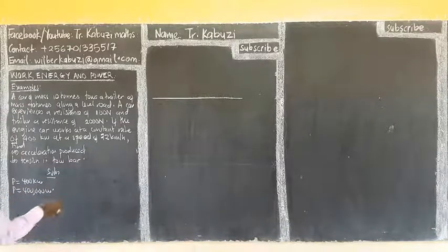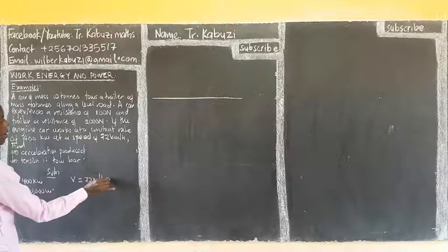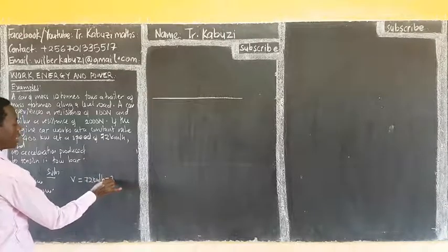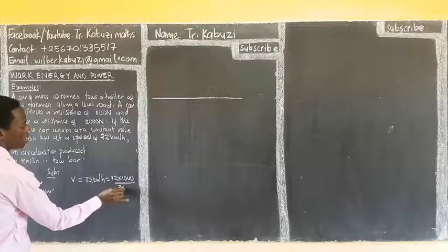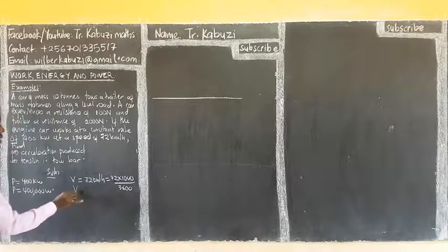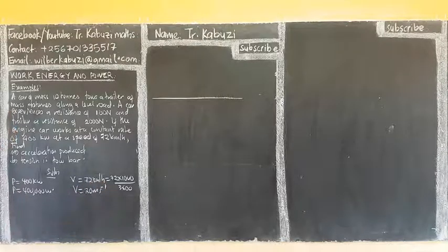Now they are giving us speed, or our velocity, which is given as 72 kilometers per hour, which we are going to convert to 72 times 1,000 over 3,600, and this will be 20 meters per second as the unit for velocity. Remember our power is equal to F times V.